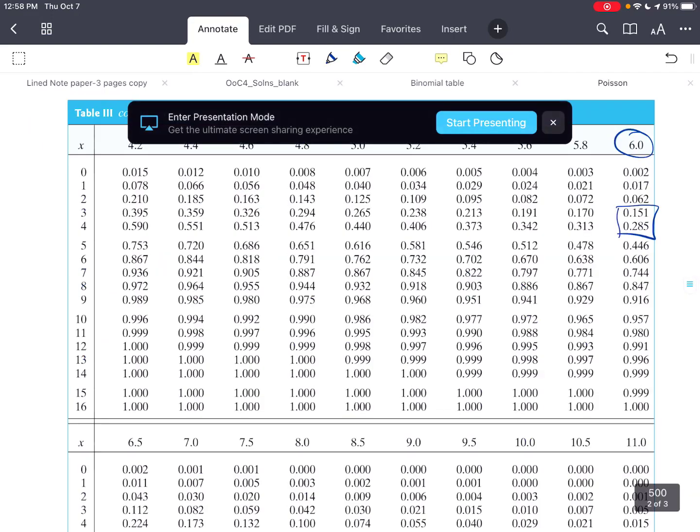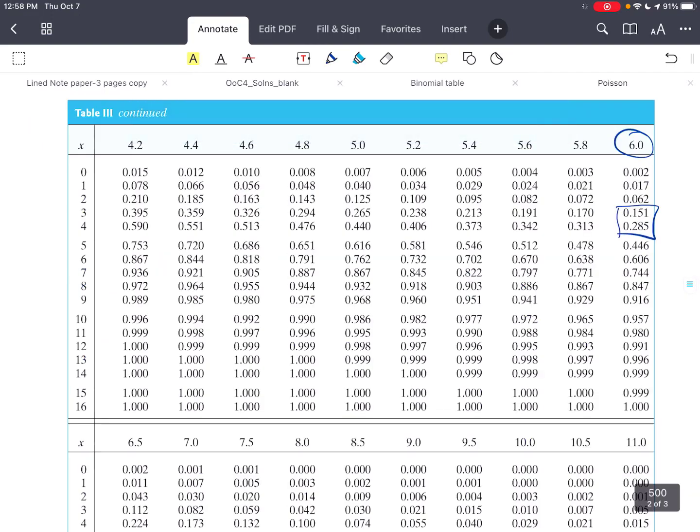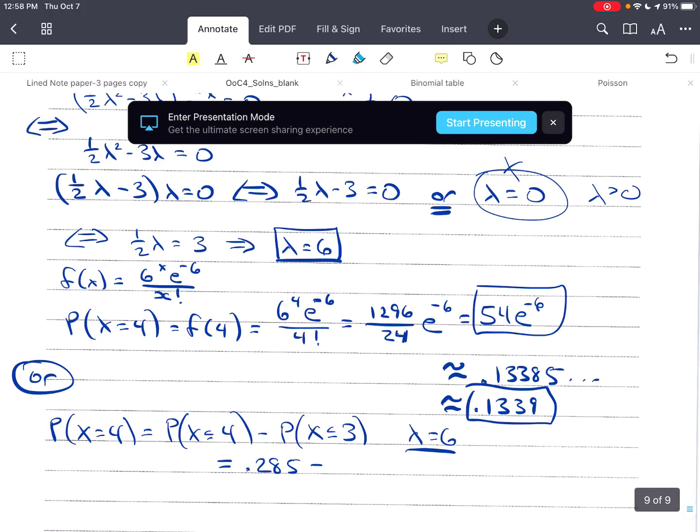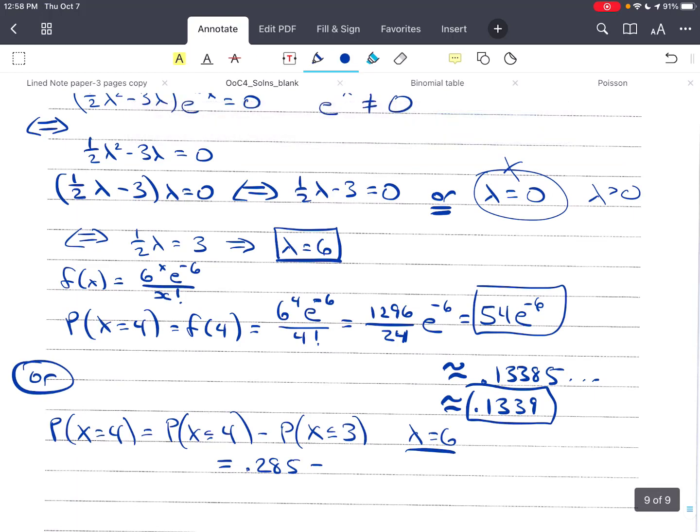I've forgotten the numbers. 0.285 minus 0.151, which is 0.134, which is very close. So there's the two different ways you can do that.